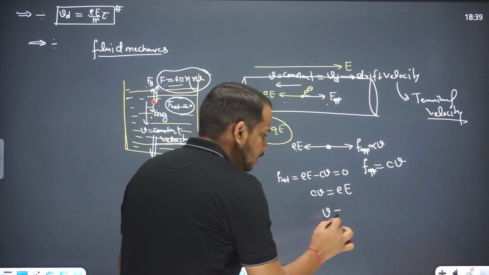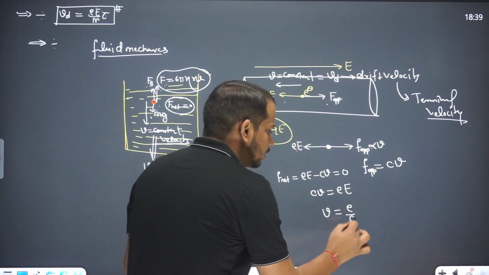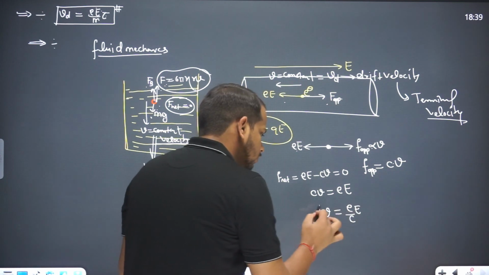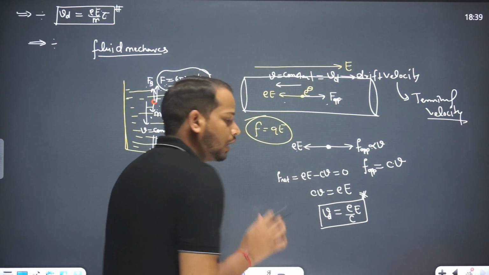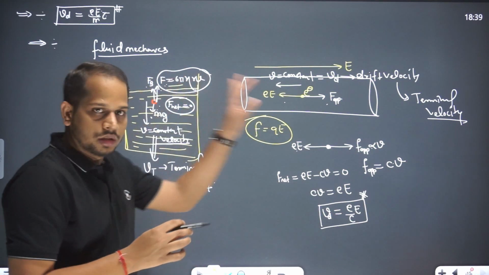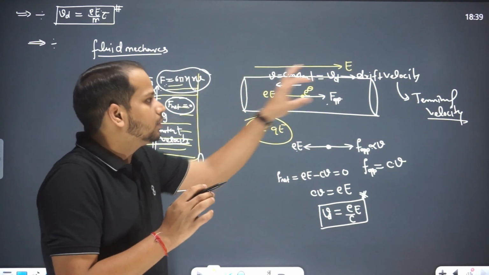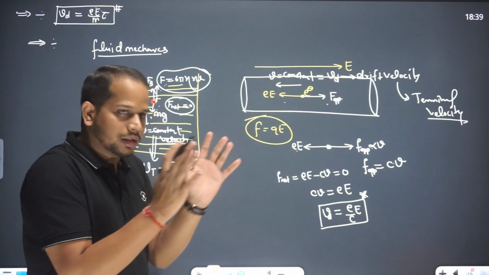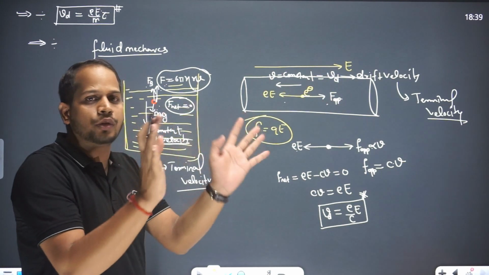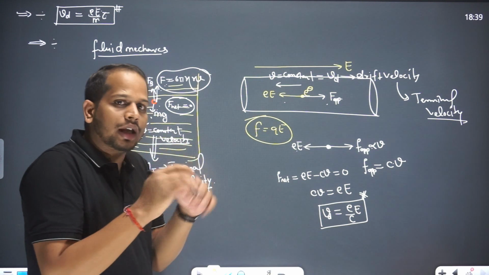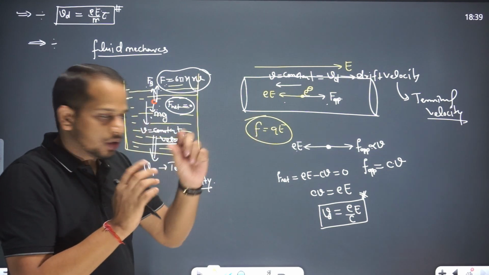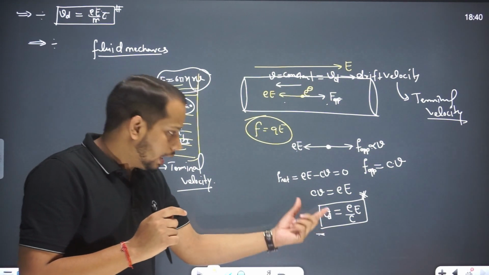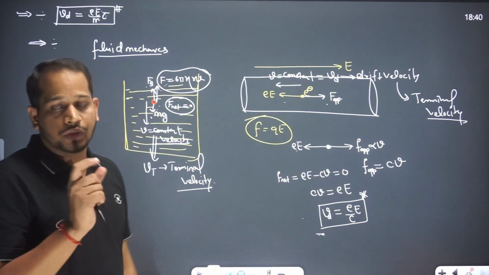So v equals e by C into E. And this velocity is the drift velocity, right? I hope this is easy for you to understand, because there are positive ions here exerting force, so we can just assume there is a fluid, and the electron is moving inside the fluid. This constant velocity is called Vd, drift velocity.